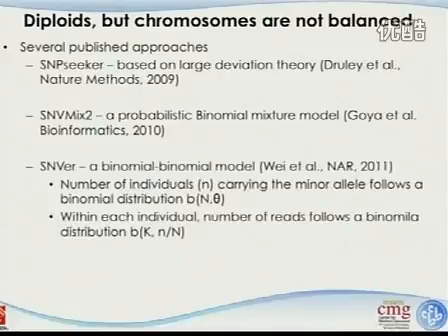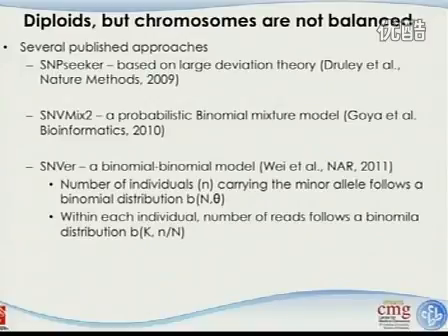And the third one is called SNVR. It's a binomial model. It's published in NAR this year. And basically, it means they have two binomial models stacked together. One is that the number of individuals carrying the minor allele follows a binomial distribution.